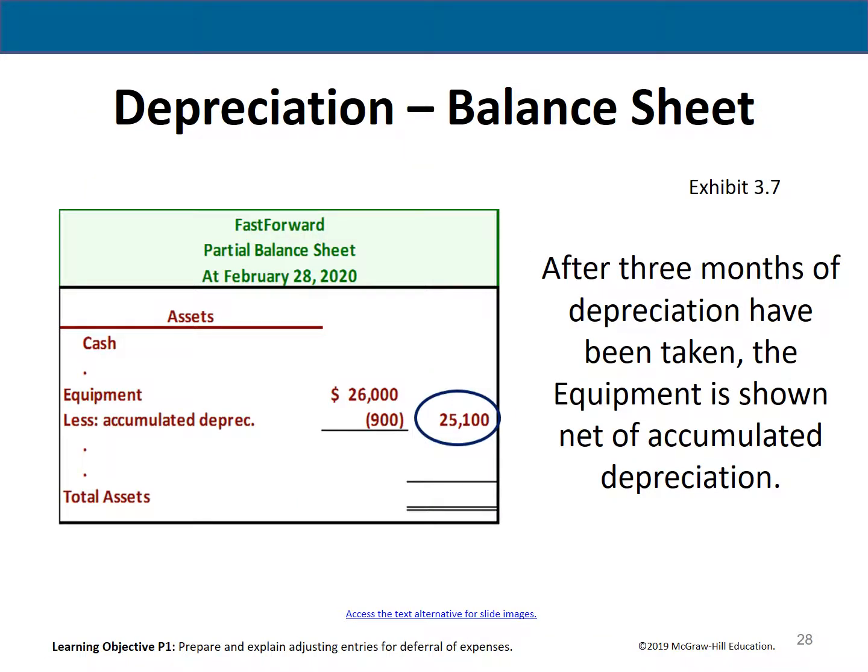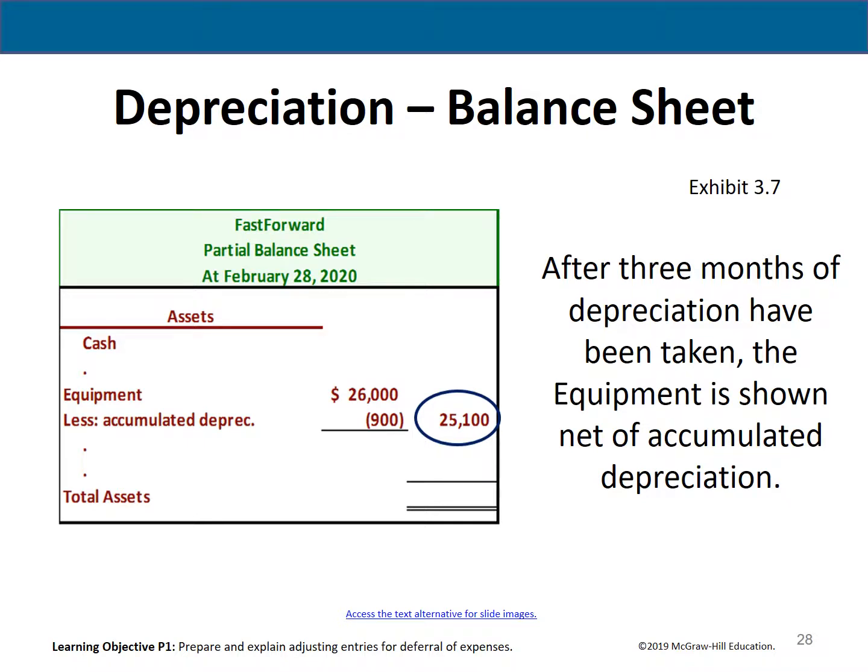And there it is. When you report your equipment on the balance sheet, remember equipment is an asset and it gets reported on the balance sheet. You just don't write $26,000 anymore. No. You take the cost of the equipment, which is the balance of the equipment account, $26,000, and subtract the balance in the contra asset, accumulated depreciation.